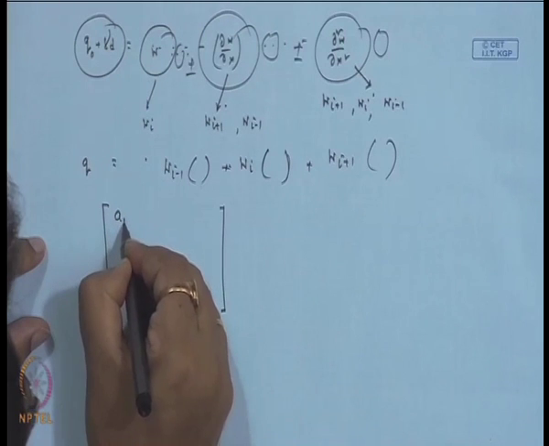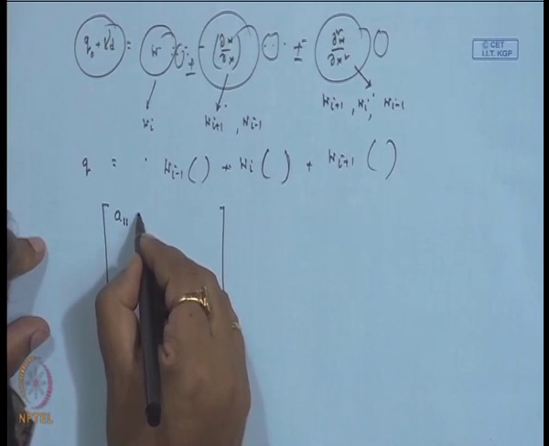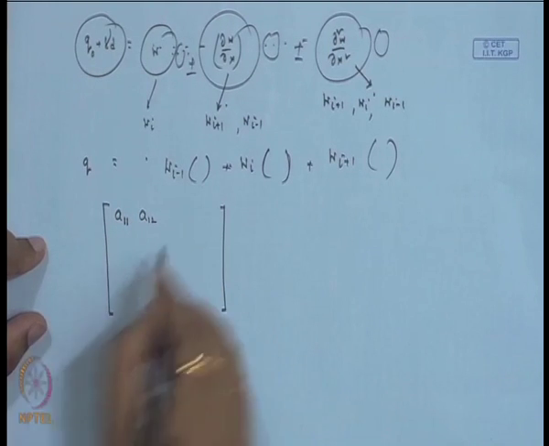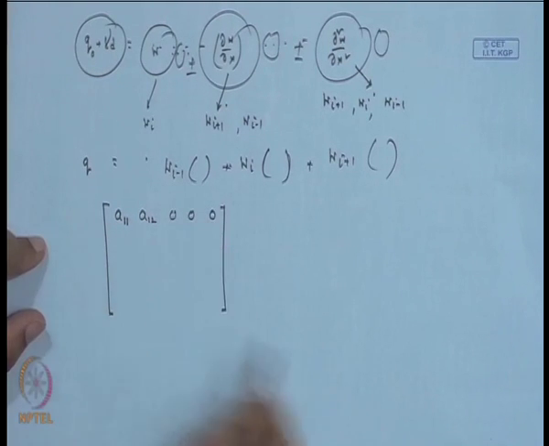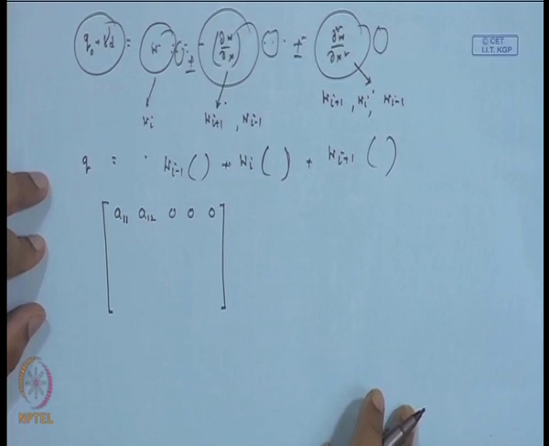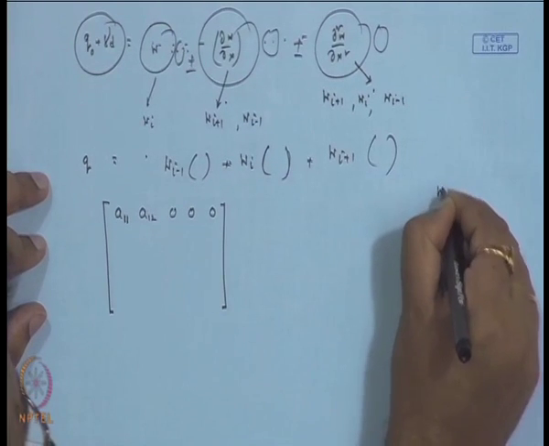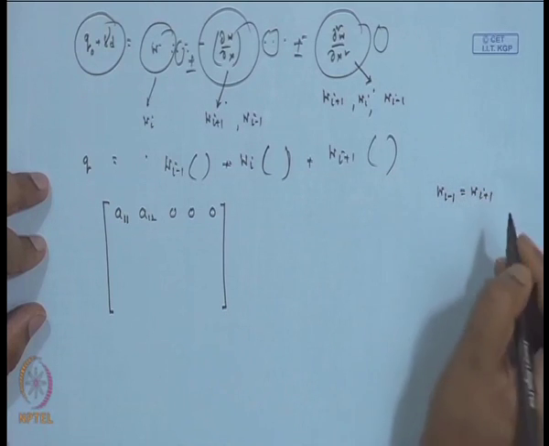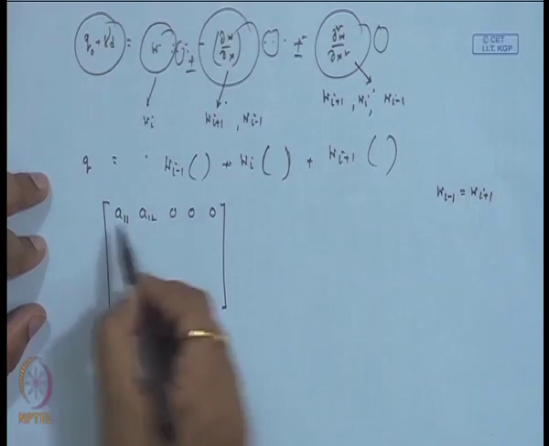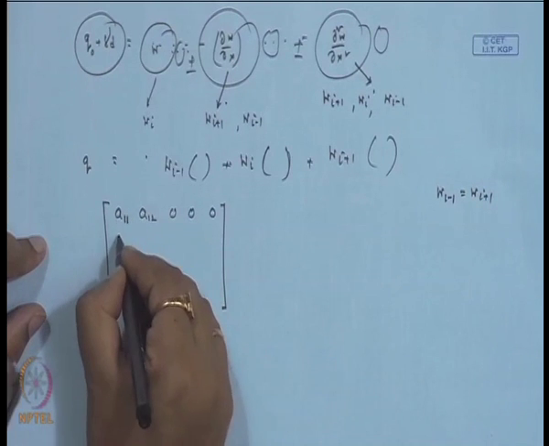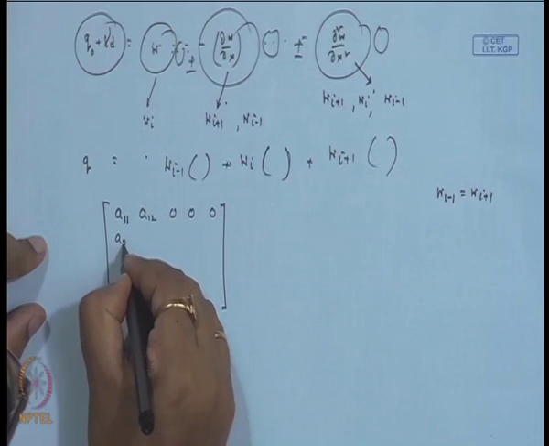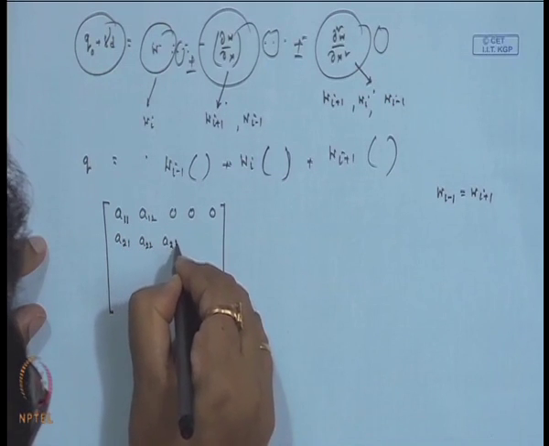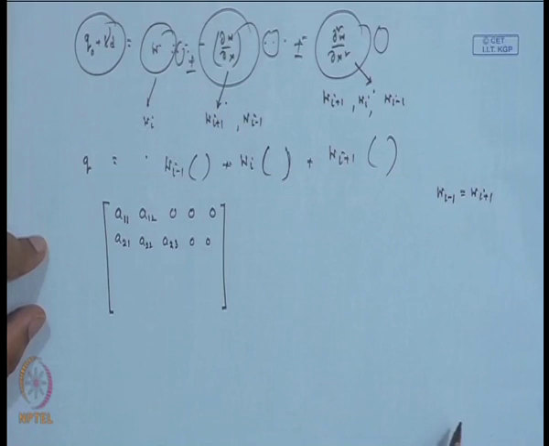This is a 1 1, then for the first row you will get a 1 2 and all the other values are 0, because for the first row we have only w i minus 1 equal to w i plus 1, so there will be only two components. For the second row we will get a 2 1, a 2 2, a 2 3, then other things are 0.